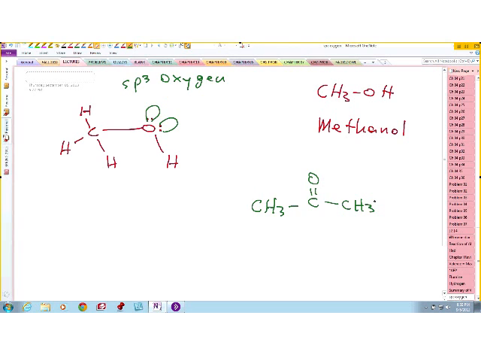What I've drawn here is a line bond structure for this molecule, or what we refer to as a Kekulé structure. Does carbon have an octet of electrons around it? Yes or no? Yes. So each carbon has an octet of electrons.